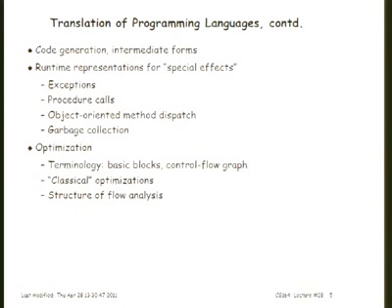So, properly done and interfaced to a virtual machine, an intermediate form allows you to write code generation without thinking too much about the machine at the end, and it allows you to write a machine code generator without thinking too much about the language that you're compiling from. It's a basic software engineering principle.